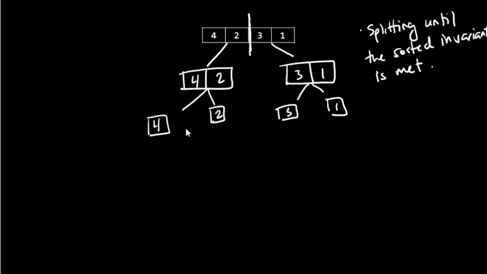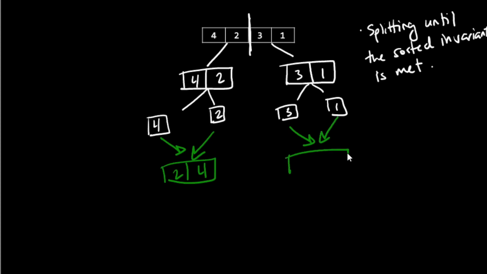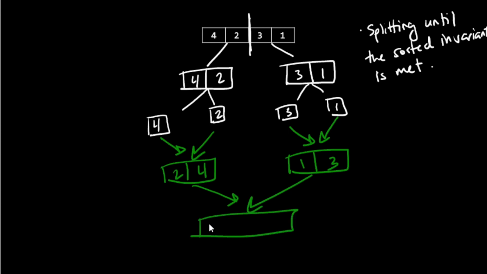So we can keep splitting until we get lists of size 1, and then what we can do is we can simply put them into our merge machine, which will give us a, oops, sorry, that's the wrong order. I'm not a very good merge machine. The merge machine will give us a sorted list back, like so, right?